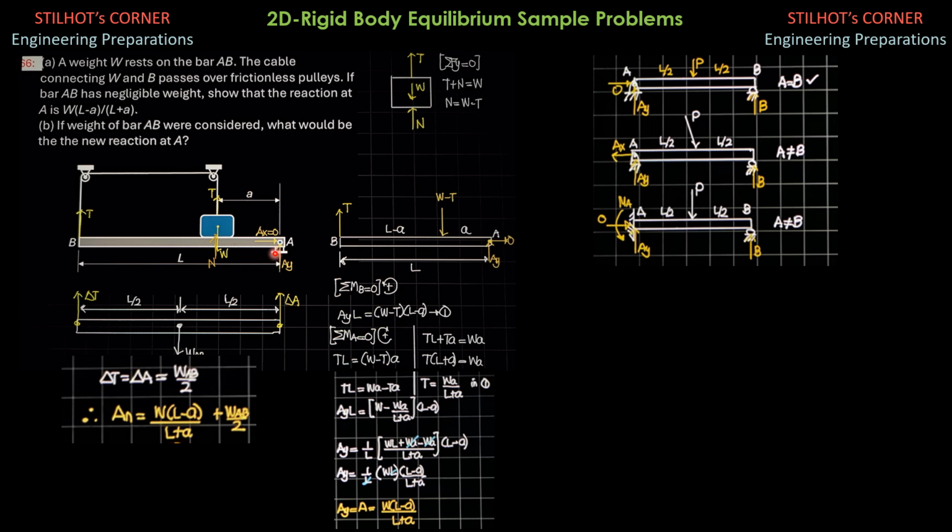Therefore, AX, which is equal to 0, we have AY as the only unknown. We say that the reaction at A is equal to AY, so we'll just denote that as A later, or AY equals A. So this is now the free body diagram of this bar. Now the normal force, which was upward, would now be W minus T, and it is directed downward.